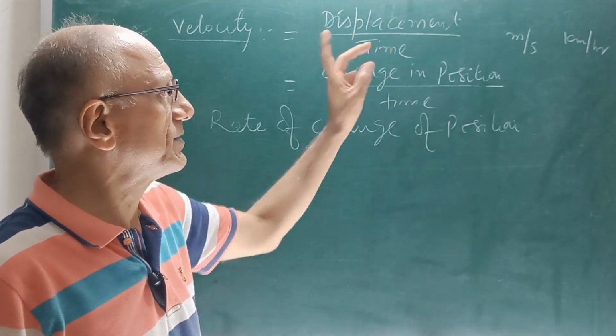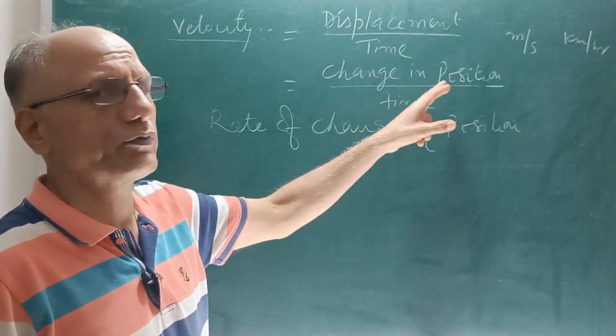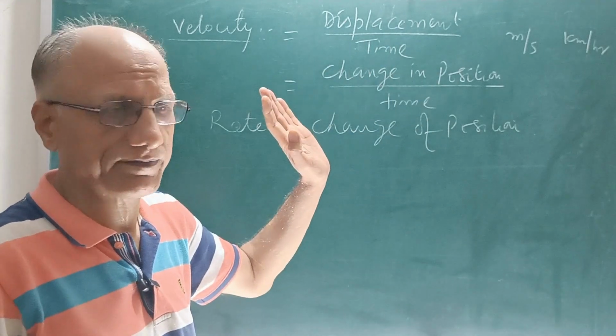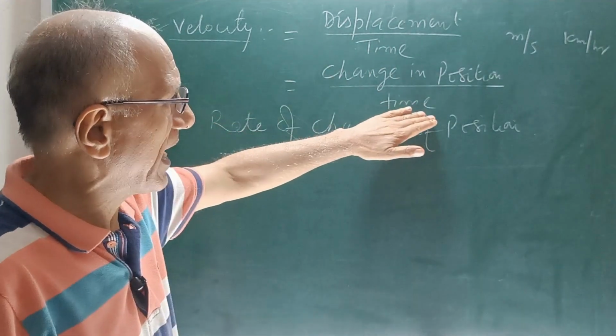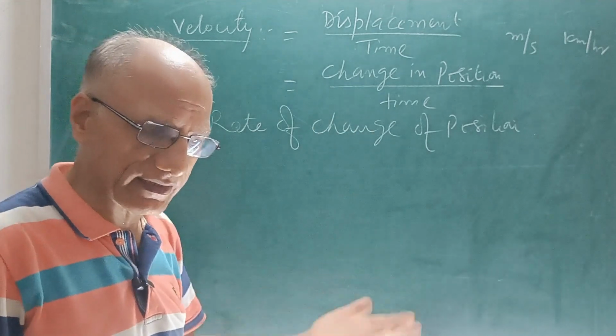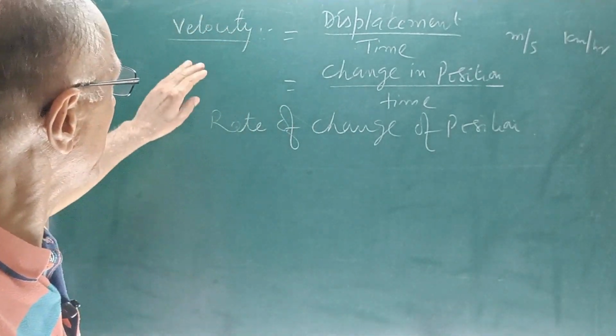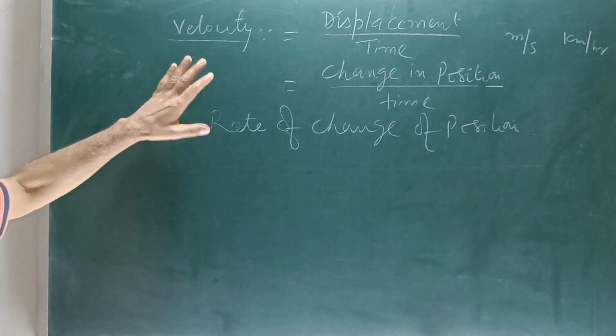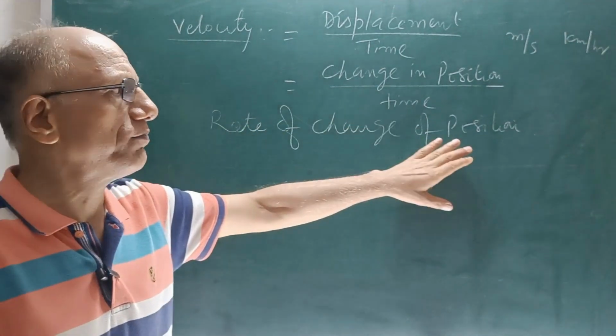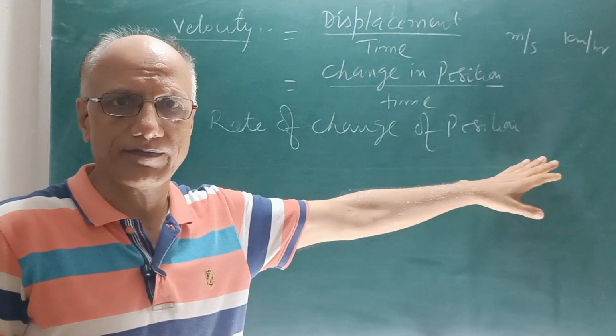We have defined displacement already as change in position. When you divide it by time, it gives you the rate. So velocity is the rate of change of position of the body.